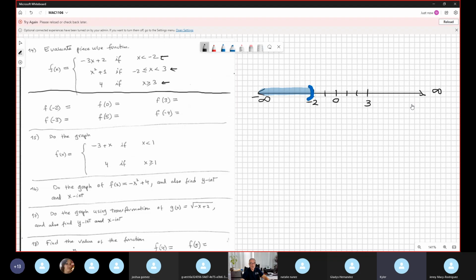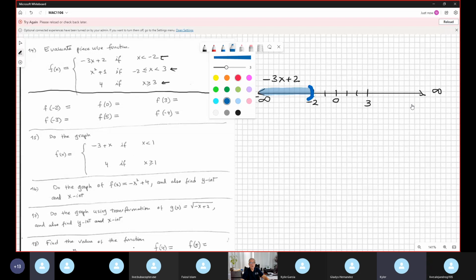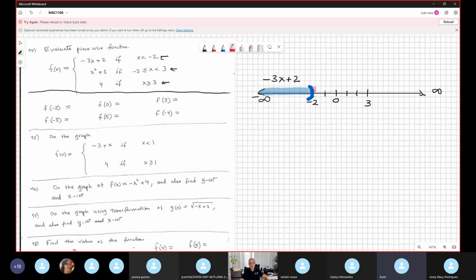We have as valid this expression, -3x plus 2. And between -2 and +3 is, of course, included -2 bracket, but not included 3.